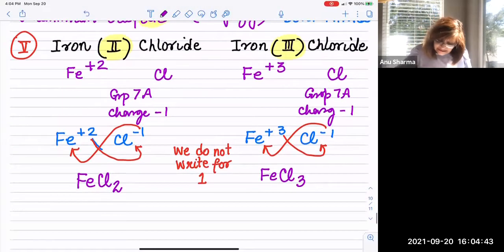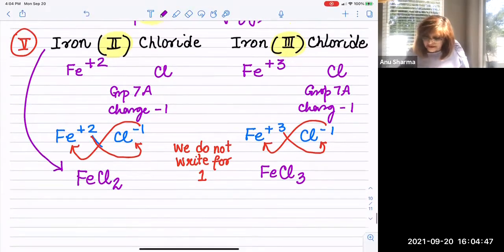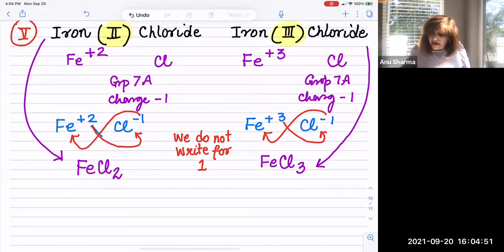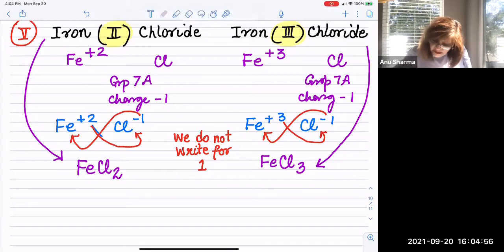Okay. Now, FeCl2 is not going to be iron dichloride. FeCl2 is shown as that, and iron chloride is this. Now, another question can be asked, what is the other name? Because it's a lower state, this is a higher state, +2, +3. +3 is higher.